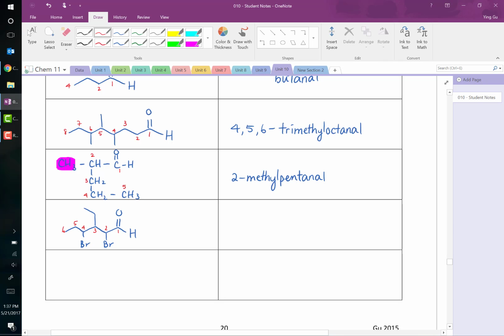That is the longest chain we can make. We have two kinds of branches, a bromo and an ethyl. We write the branches down in alphabetical order, just like we have since the beginning of the unit. So this is 2,4-dibromo, since there are 2 bromos, 3-ethyl hexanal.